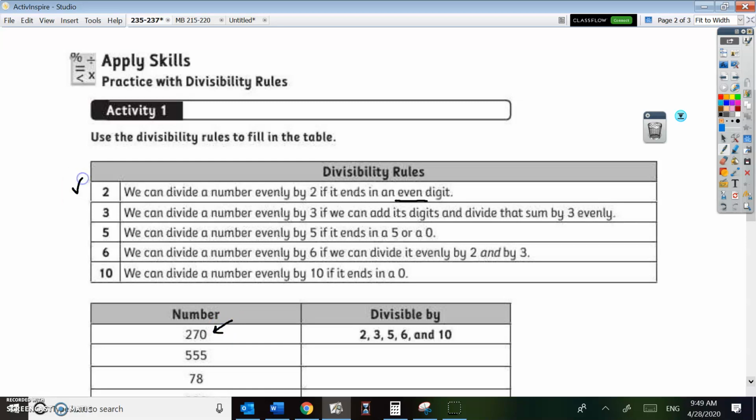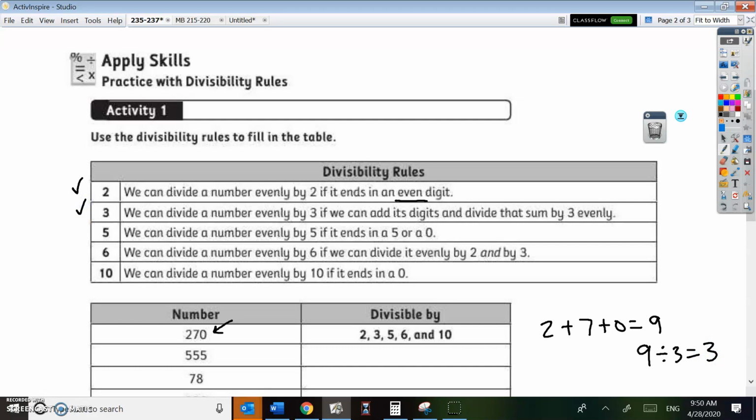So yes, divisible by 2. We can divide a number evenly by 3 if we can add its digits and divide that sum by 3. So if you add 2 plus 7 plus 0, it equals 9. And 9 divided by 3 is 3. So that's divisible by 3.